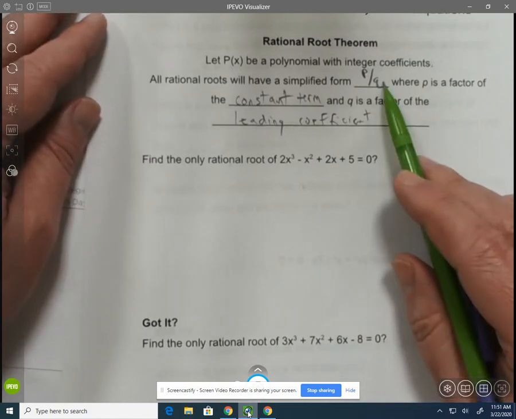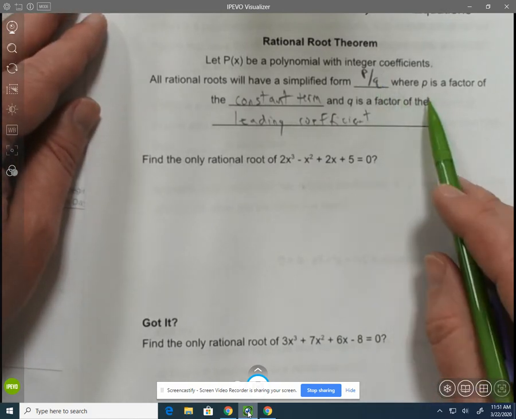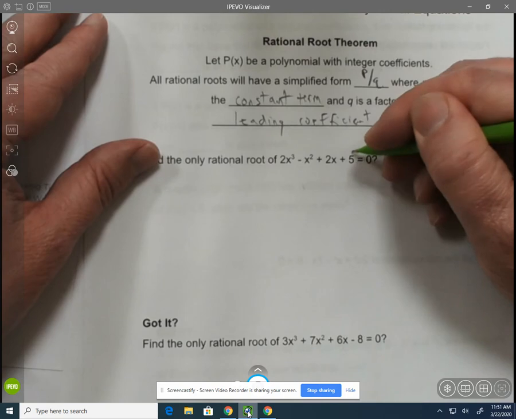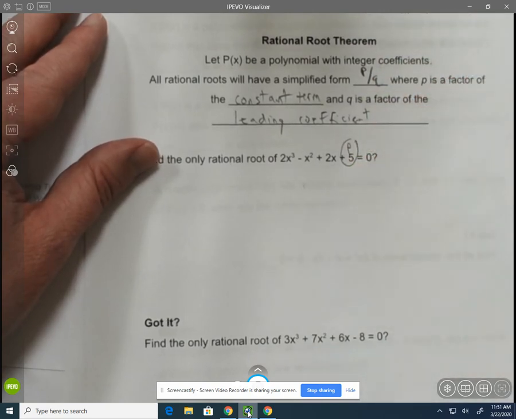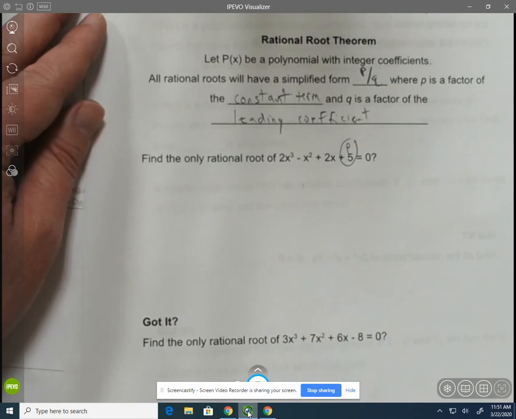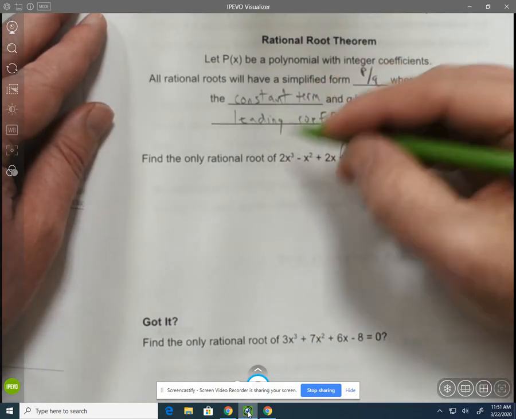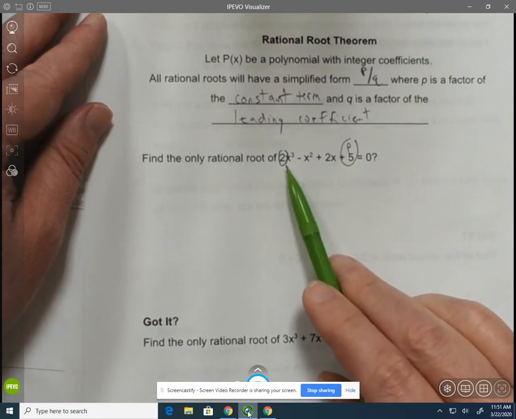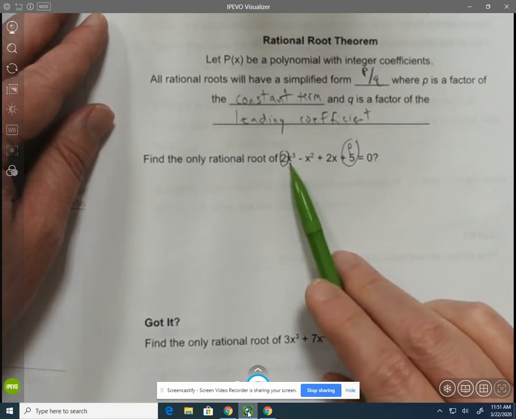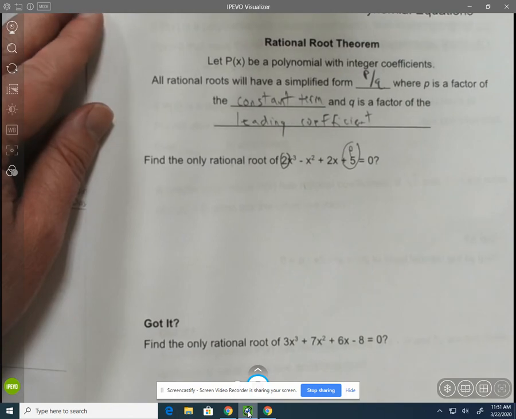It's going to look like p over q, where p is a factor of the constant term. So here is where p is going to come from. The constant term is the term that doesn't have a variable, and the leading coefficient is the first coefficient when you have it written in standard form, from highest exponent down to lowest exponent.